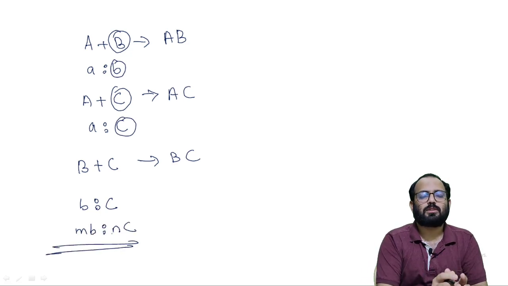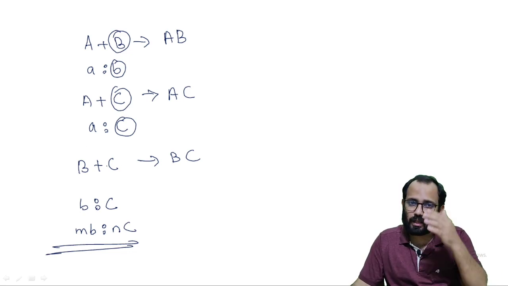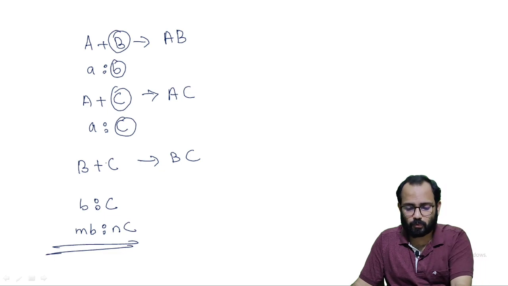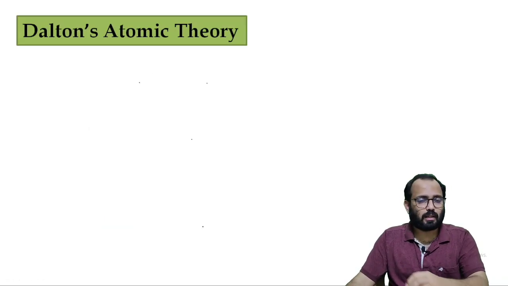That is what the law of reciprocal proportion is all about. m and n can be any whole numbers. Okay, fine. Now we'll talk about Dalton's atomic theory, then we'll wind up.